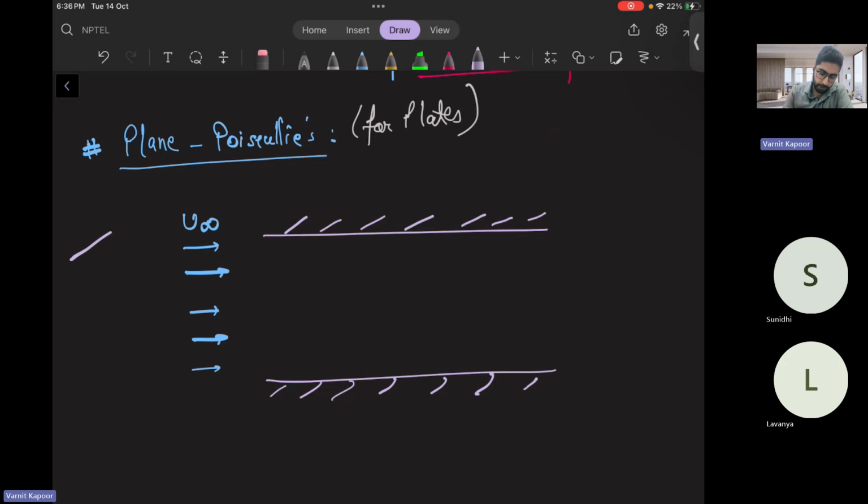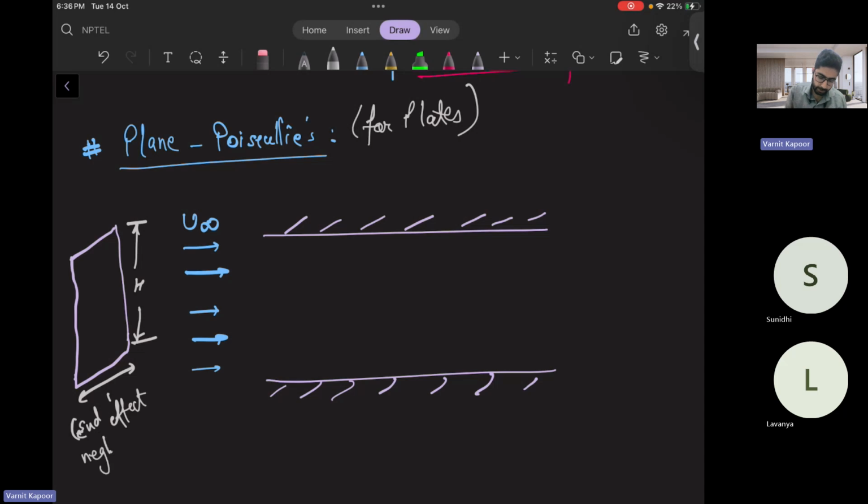From the side view, if I see my plate, it looks like this. This is your height h between them. And we assume that it's of unit width, that means end effect is neglected. That means there is no water leakage from the parallel sides of the plate. So two plates are like this, and there is no leakage from the sides, only the flow is happening like this.